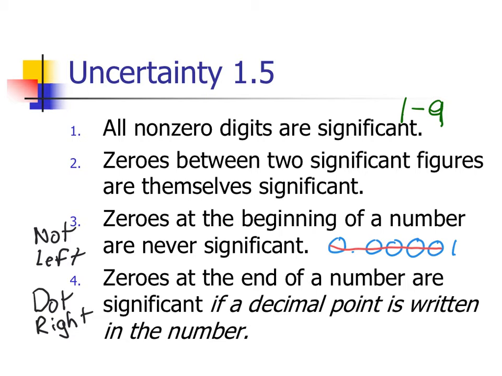What do we mean by that? According to rule number 1, the 1 and the 2 count. According to rule number 2, we don't have rule number 2 here. Rule number 3 says not left. Rule number 4 says to the right does.